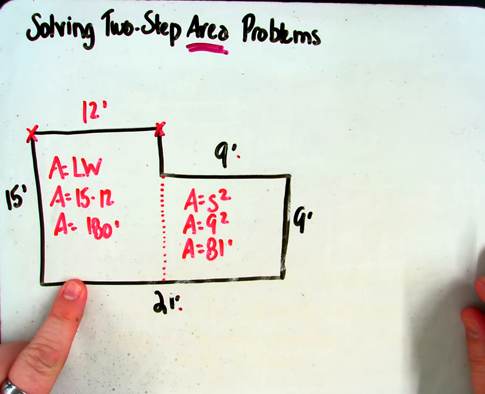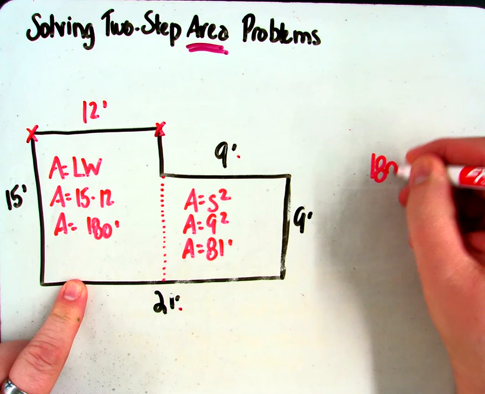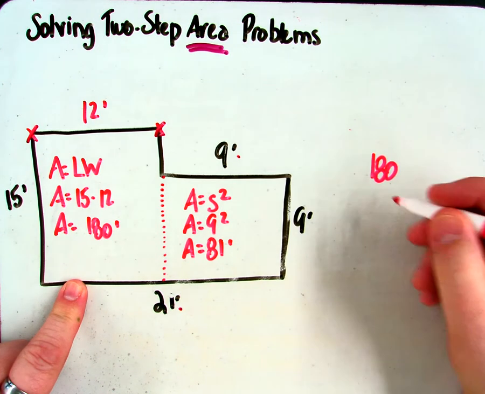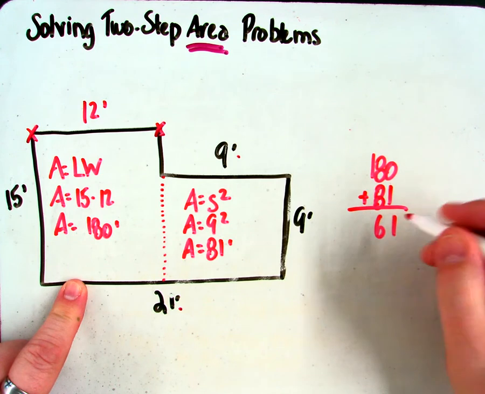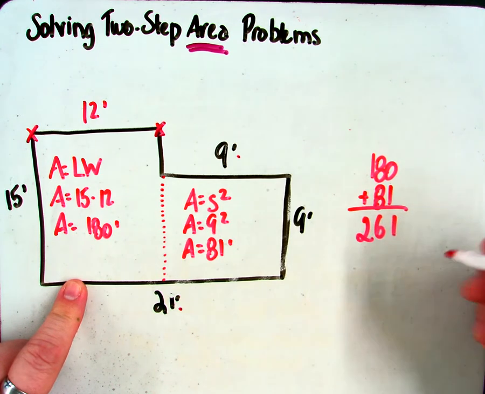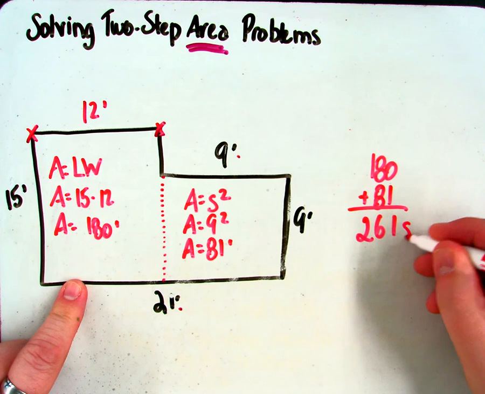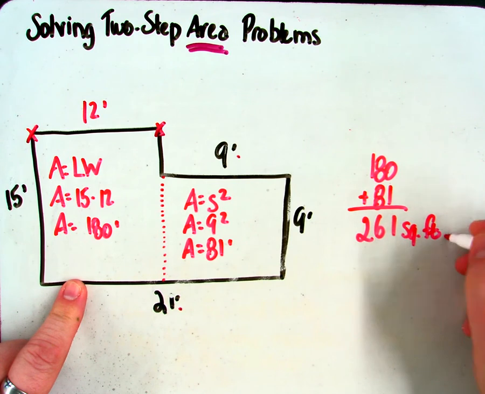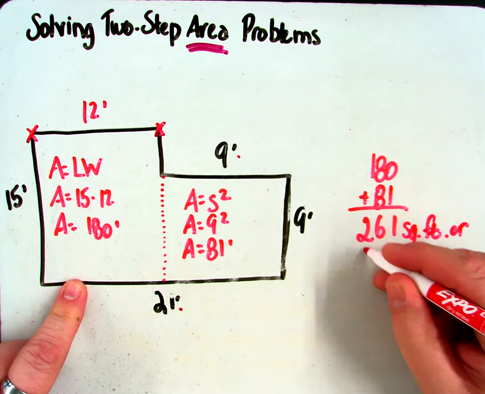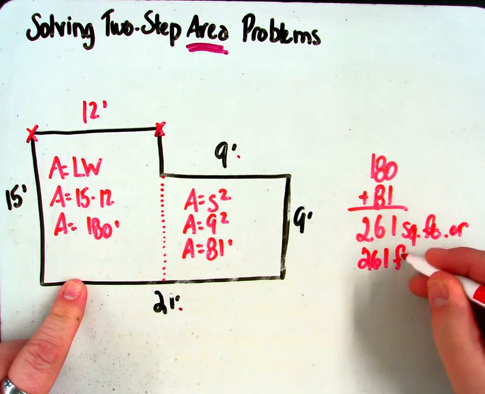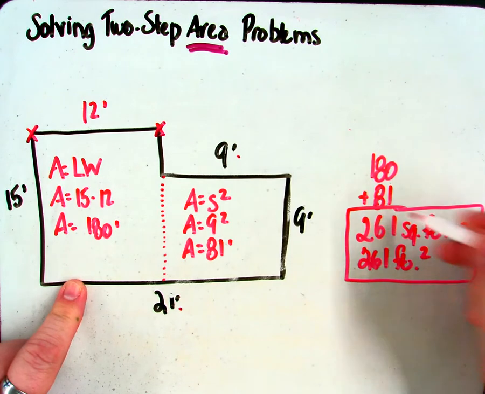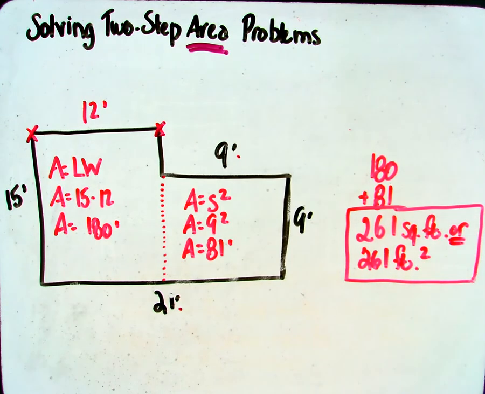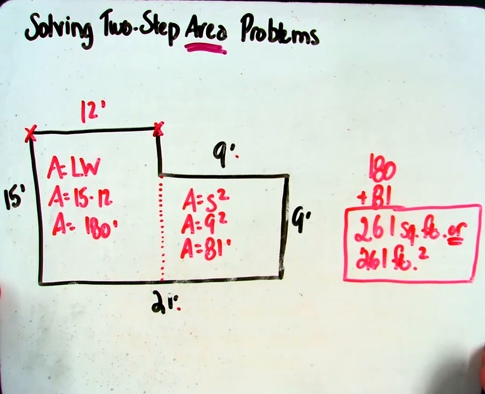So then we take the area of our rectangle and the area of our square, and we add them together. Right. And it is 261 square feet, or it is 261 feet square. Either way you want to represent that answer is fine.